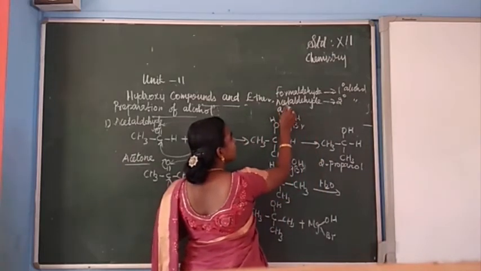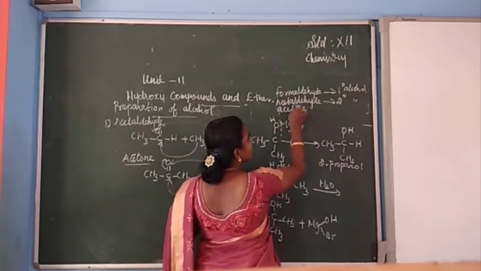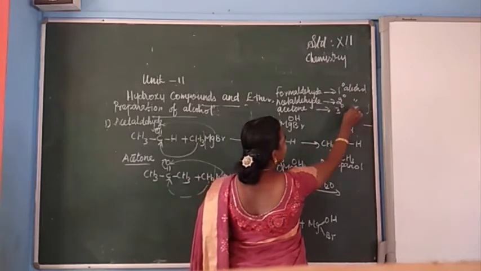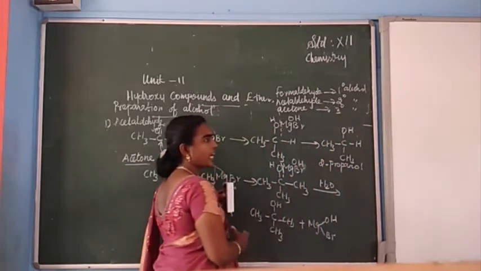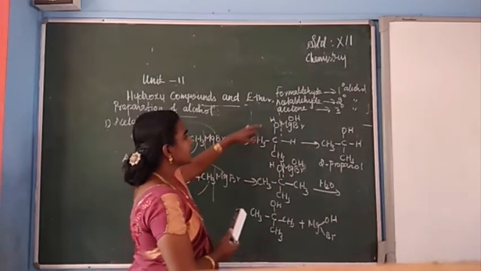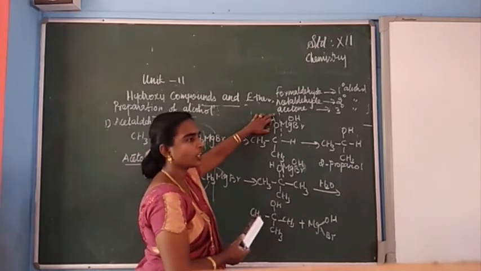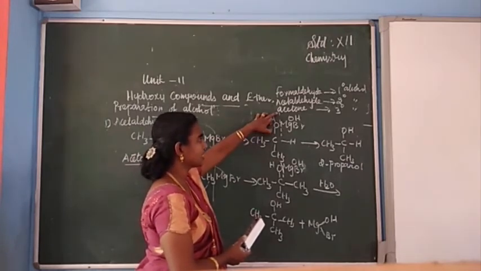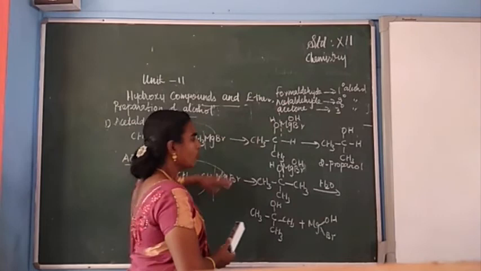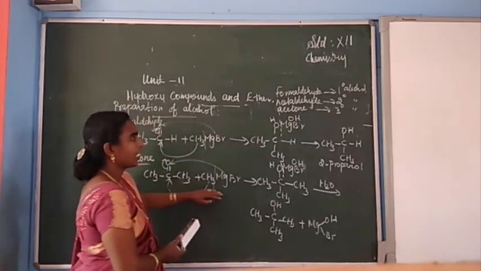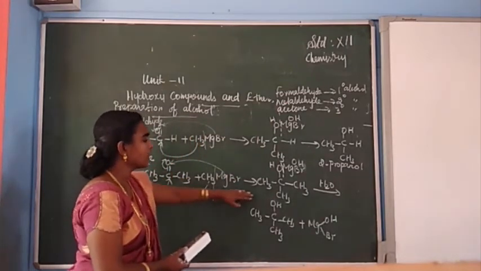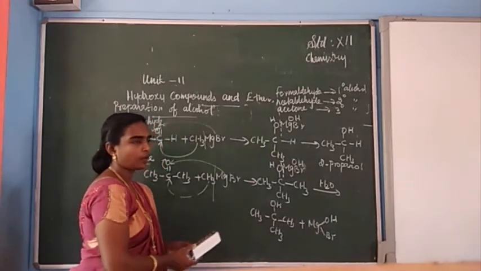From acetone, we can prepare tertiary alcohol. If the question is asked, how will you prepare tertiary alcohol by any one of the methods? You can select acetone as one of the reactants, and along with that Grignard reagent, it will form tertiary alcohol.